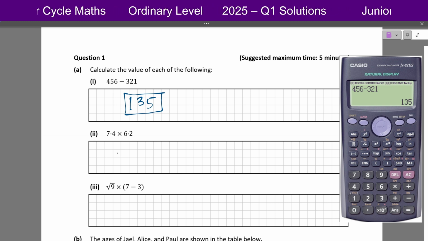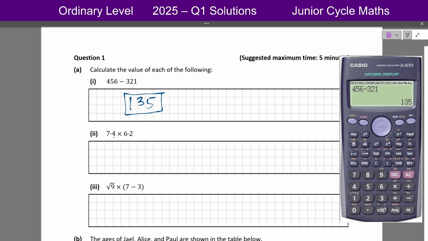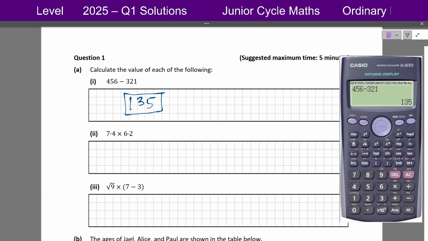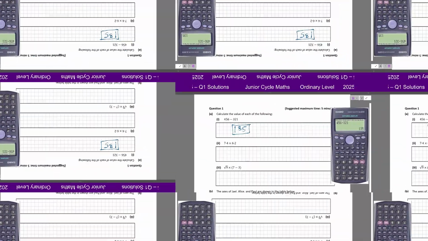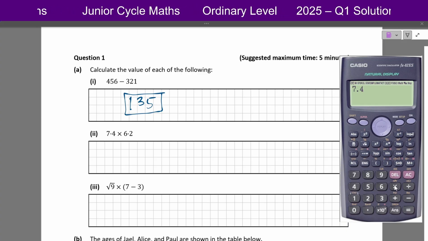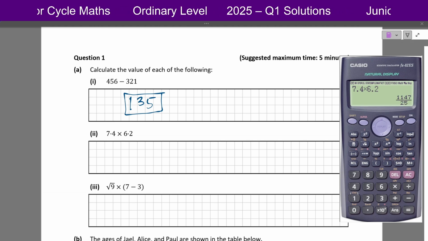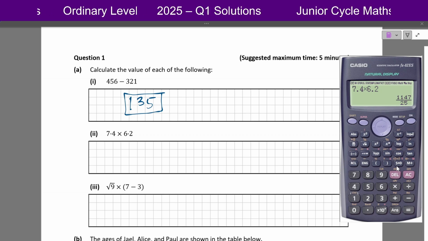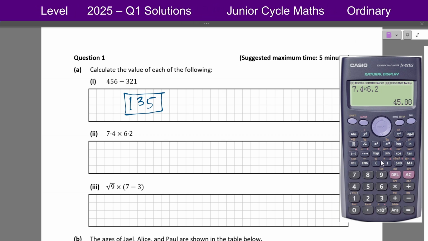Again in part number 2, we also need to find the answer for this problem, so we use the calculator again. We say 7.4 multiplied by 6.2, and we get the answer in fraction form, but we can change it into decimal form using the SD key.